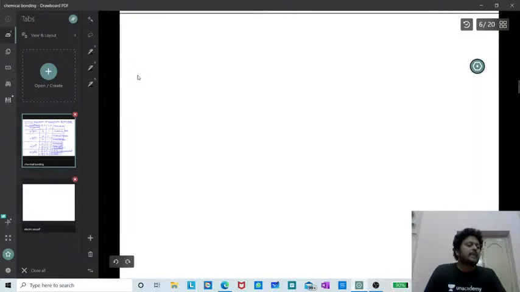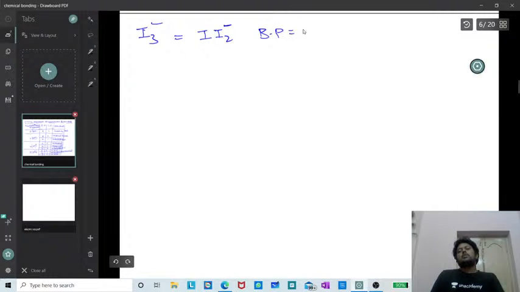In this compound, for example, if I take IF5 or I3 minus, I am taking I3 minus. So in I3 minus, the central atom is I. Now the number of bond pairs is 2. For lone pairs, the formula is half into the valency of the central atom. Here I belongs to the 17th group, 7 valence electrons. Minus means plus 1.